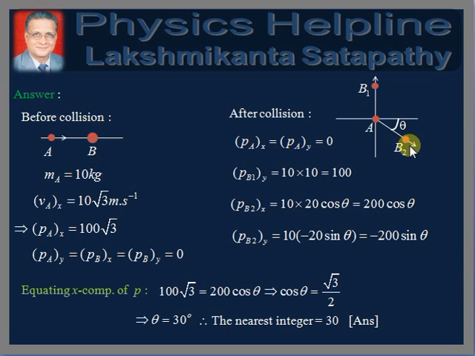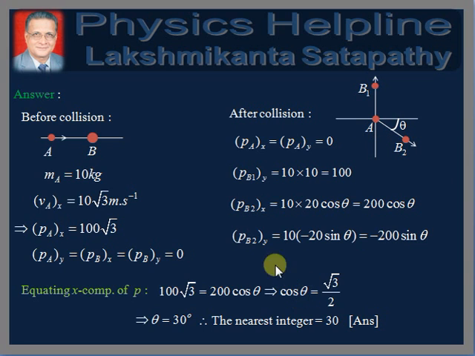And B2 moves with speed 20 meters per second in a direction making angle theta with x-axis. Therefore, this velocity will have one x component and one y component. So, x component will be equal to 20 cos theta towards right, and the y component will be equal to 20 sin theta in the downward direction.